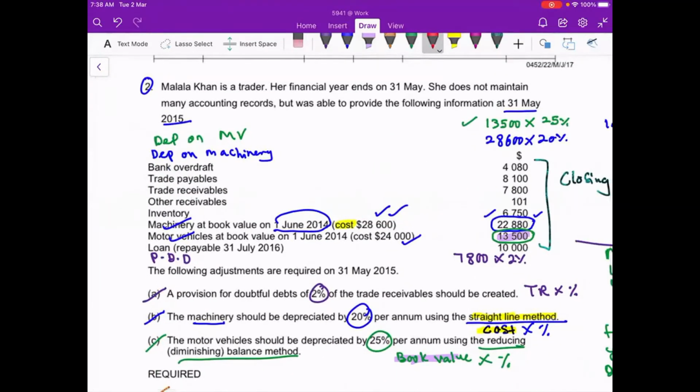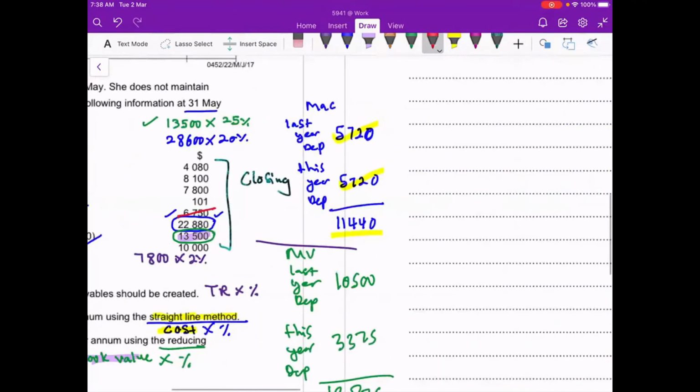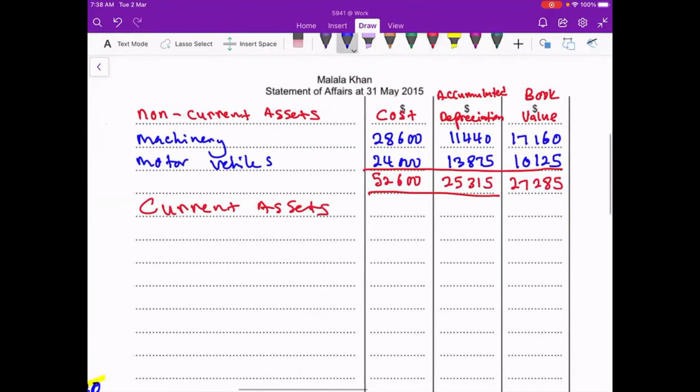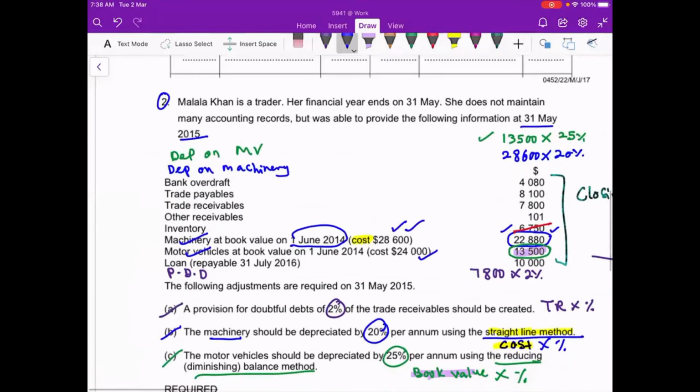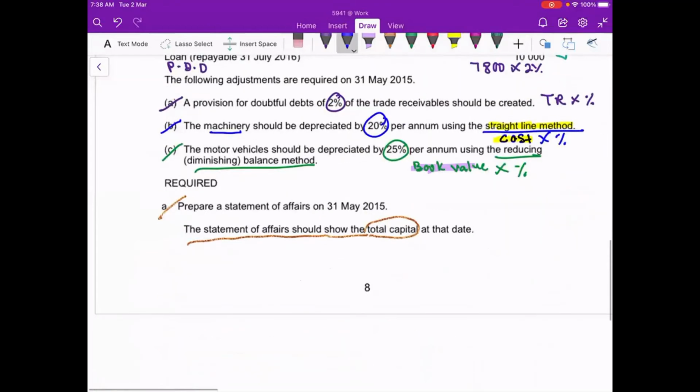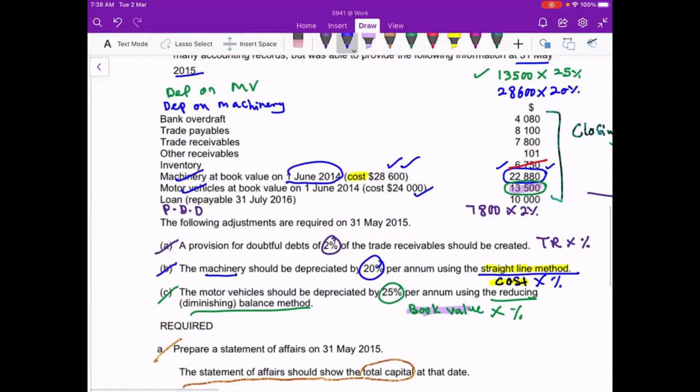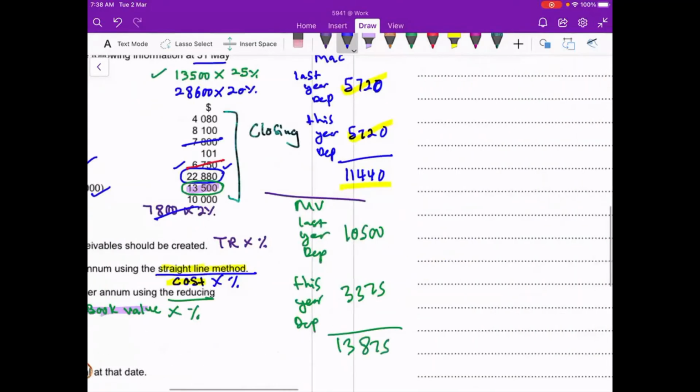First we write the inventory, 6750. After that, do you see any other current asset? Yes, I can see trade receivable. But remember, your trade receivable got PDD. You need to show that also.